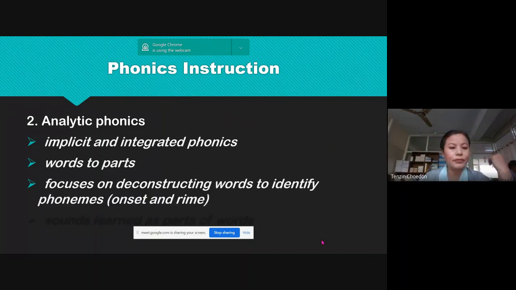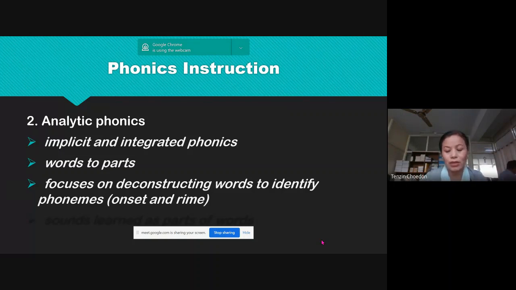So analytic phonics focuses on deconstructing words to identify phonemes, rather than constructing from phonemes. Like we break words into syllables, and then again into onset and rhyme.